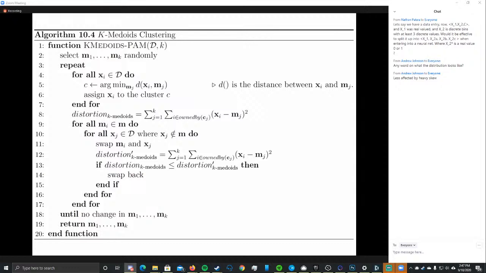If the distortion is not better, then we swap it back. And we do that pairwise for all of the medoids and data points until there is no improvement in the distortion. And that's where we've hit the local optimum. And then we return those medoids.